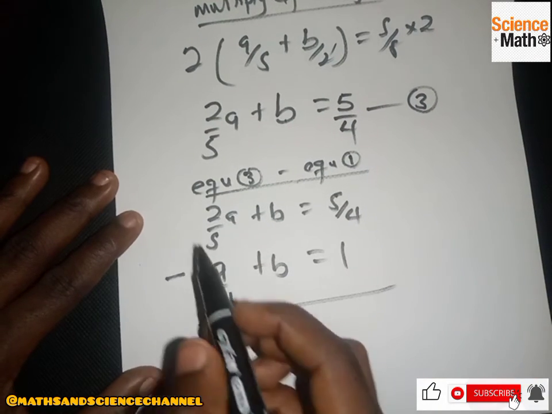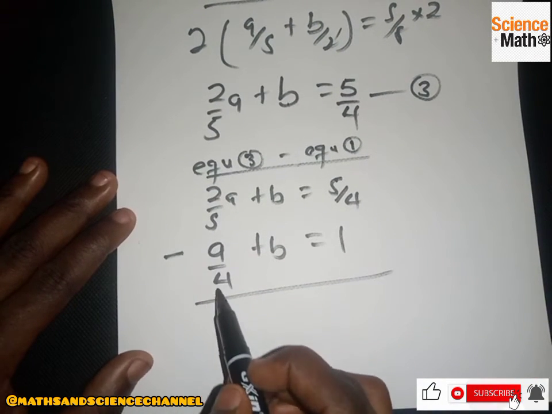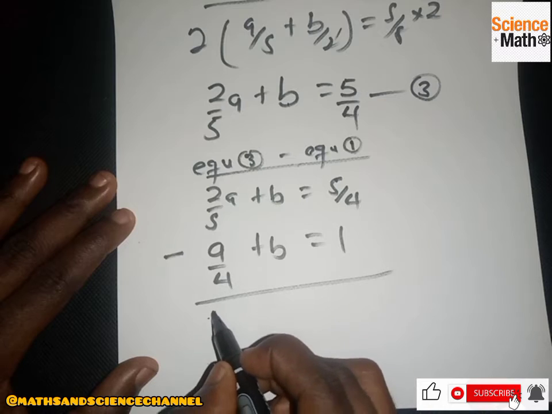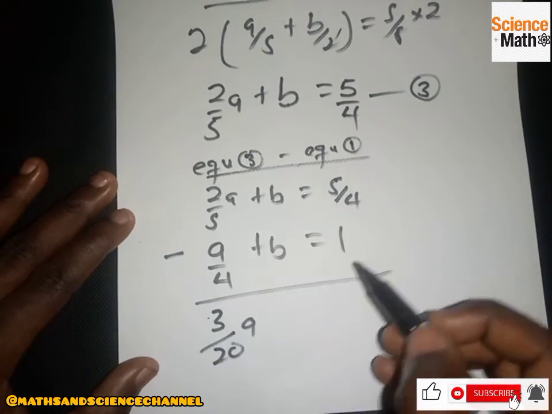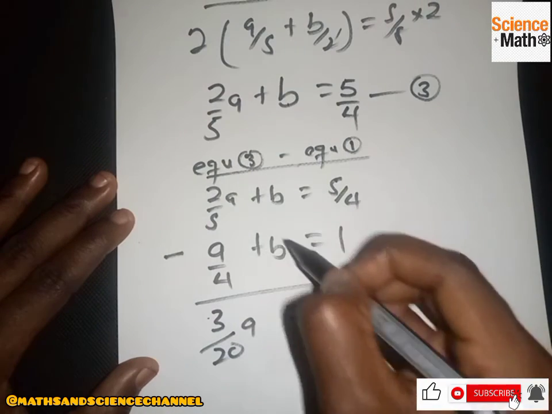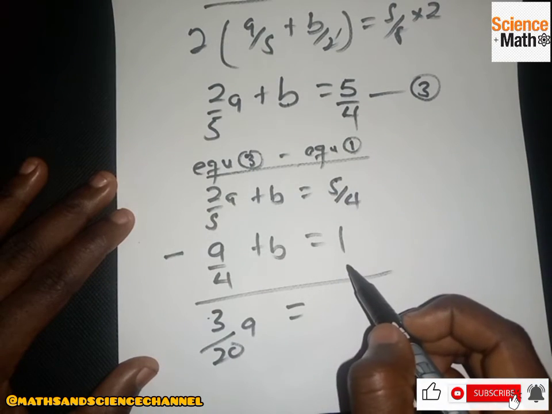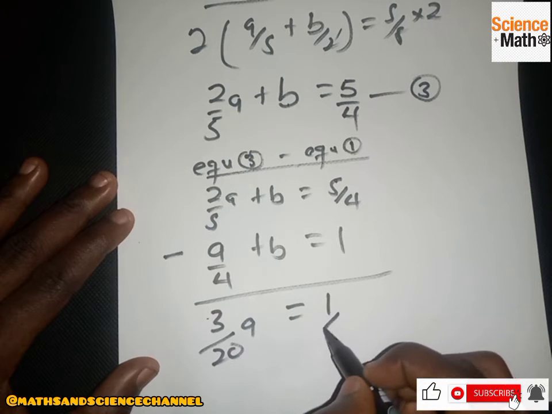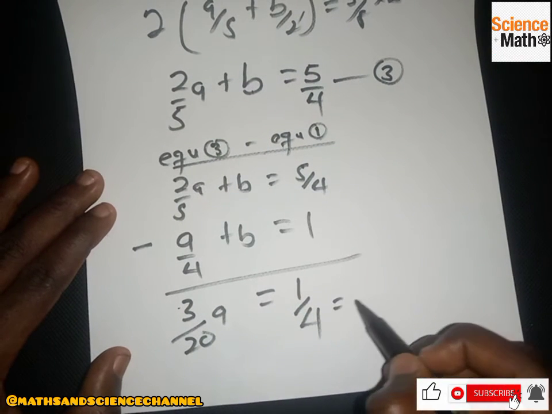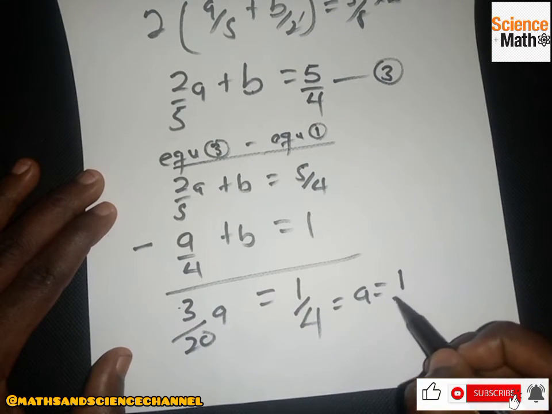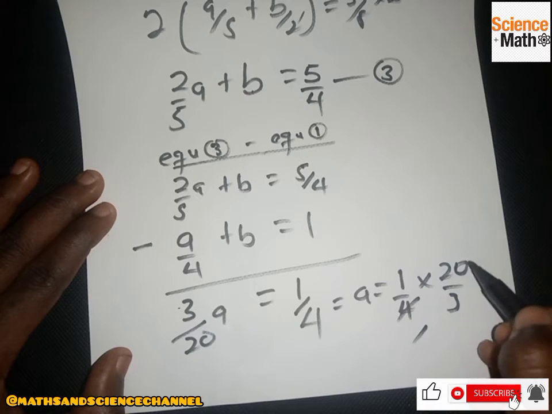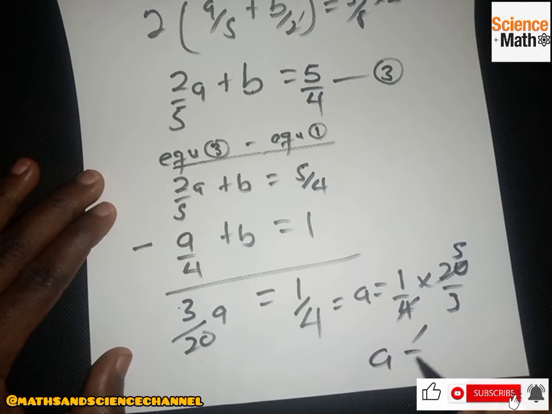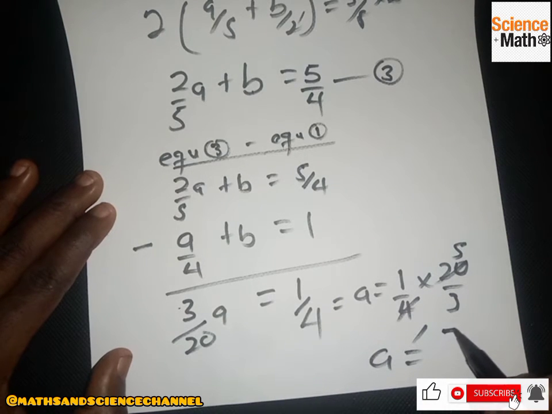So subtracting that, 2 over 5 minus 1 over 4 is just going to give us 3 over 20 a, and when we subtract this, it goes away, so we've eliminated this. So 5 over 4 minus 1 here is just 1 over 4. So from here we have a being equal to 1 over 4 multiplied by 20 over 3. 4 goes into itself, 1 goes here, 5, and then a will just be equal to 5 over 3 in this case.